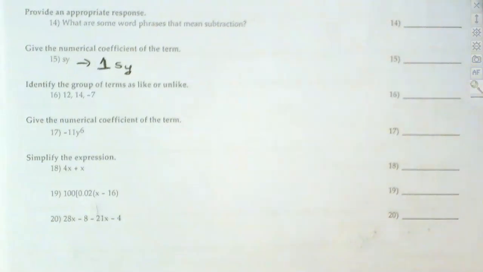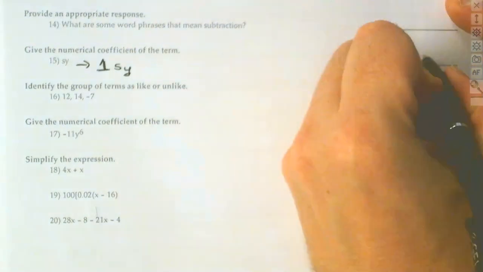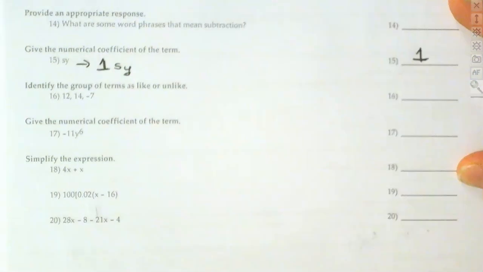So if I put that 1 out in front, now you can see that the coefficient would be 1. The 1 is always there, we just don't normally write it. So if there is no number in front, your numerical coefficient is going to be a 1.